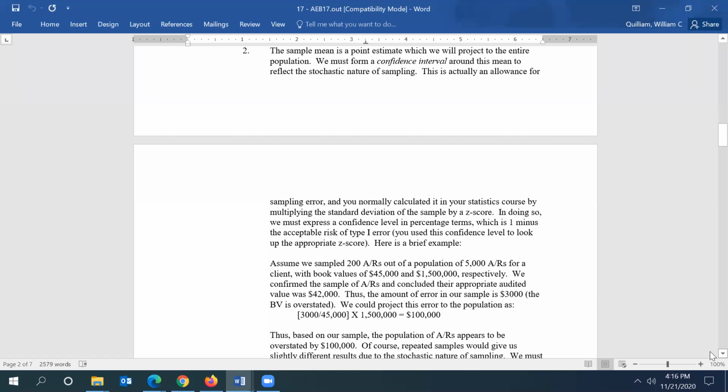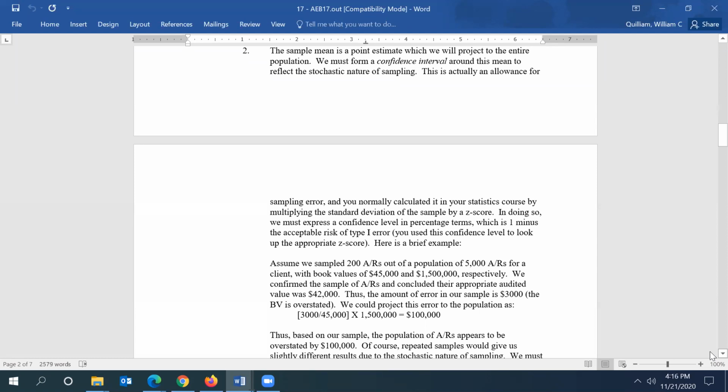So here's a brief example. Let's assume that we sample 200 accounts receivable out of a population of 5,000 accounts receivable for a client with book values of $45,000 and $1.5 million respectively.